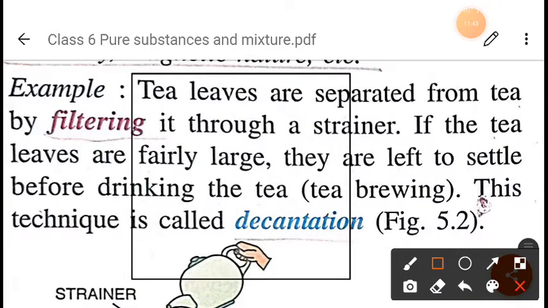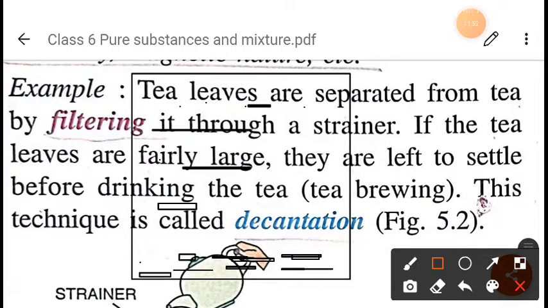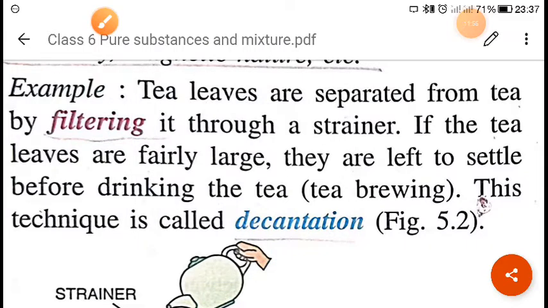Suppose this is the container, and in this container suppose tea is there. After some time, whatever large particles of tea are there will go and settle down here, in the bottom of the container, and from here you can take out the tea and drink, right? So that process in which the tea leaves settle below in the container is called decantation.